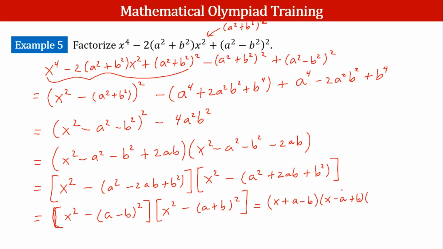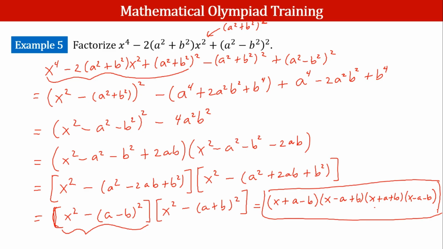And then here we have x plus a plus b times x minus a minus b. Alright, now let's check first if we are doing the right thing. So in the first part, we must have x plus a minus b times x minus a plus b. Alright, that's correct. And then in the second part, we must have x plus a plus b and then x minus a minus b. Alright, so this is the final answer. Okay.